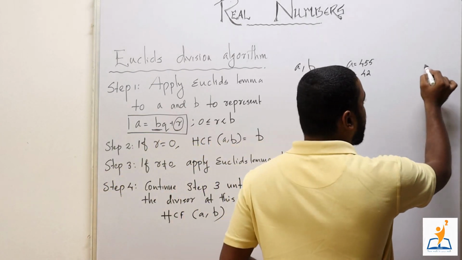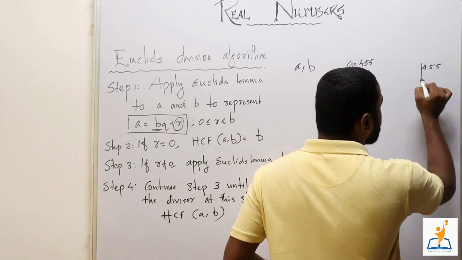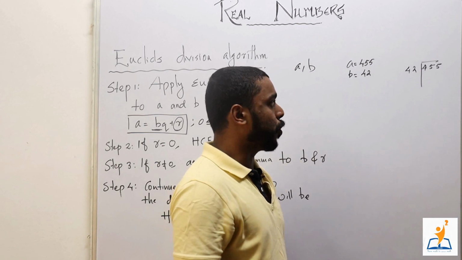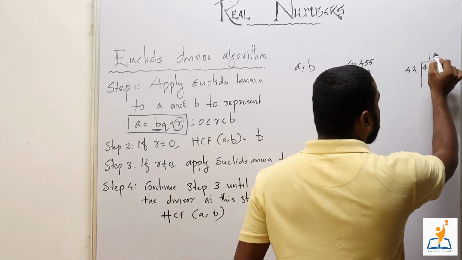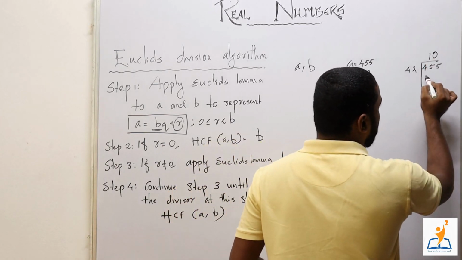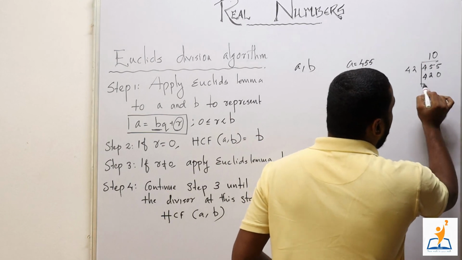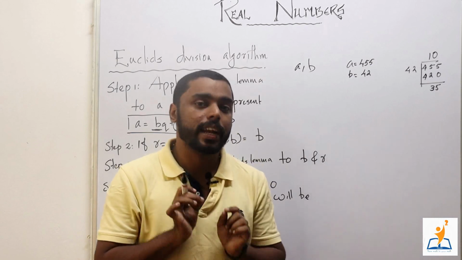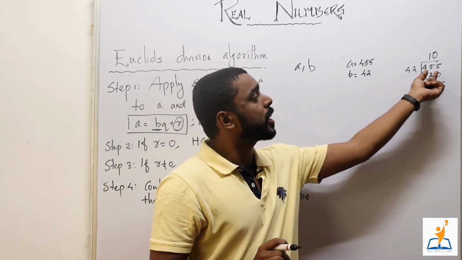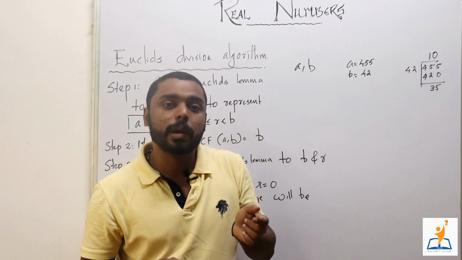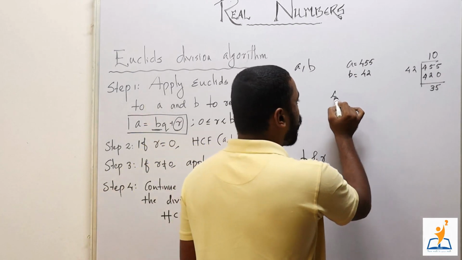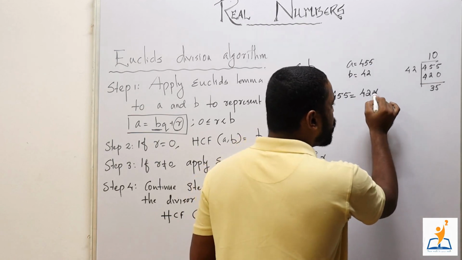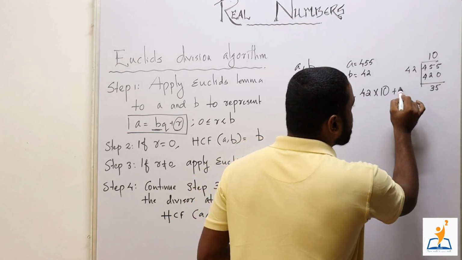By Euclid's lemma, we should find the quotient and remainder when we divide 455 by 42. 42 is contained 10 times in 455, so we get 420 and the remainder will be 35. Hence, by Euclid's division lemma, 455 is equal to 42 into 10 plus 35.